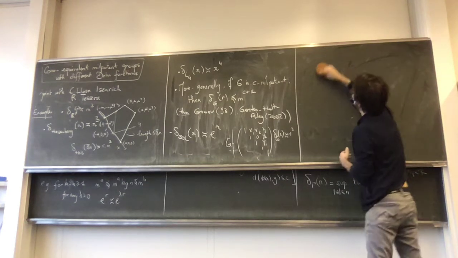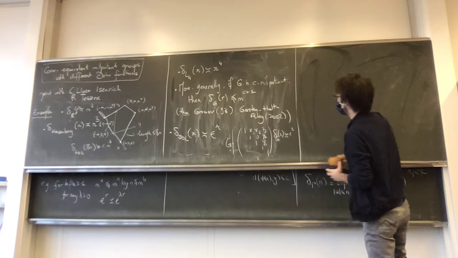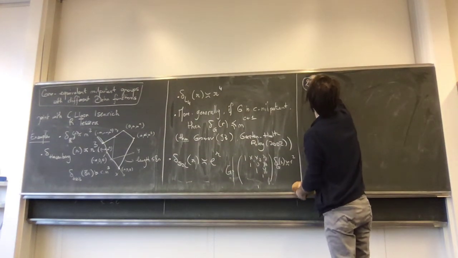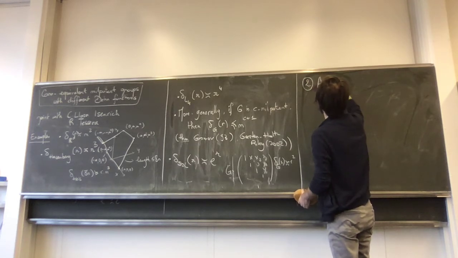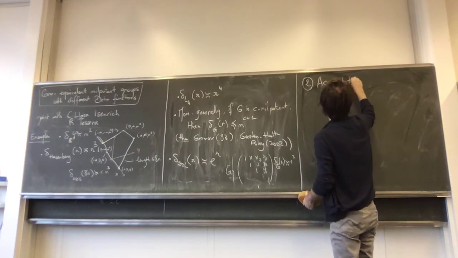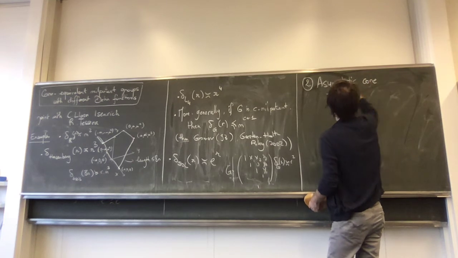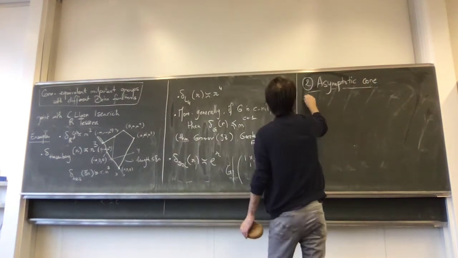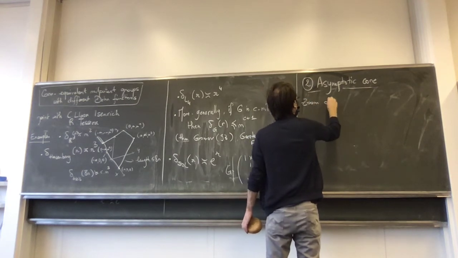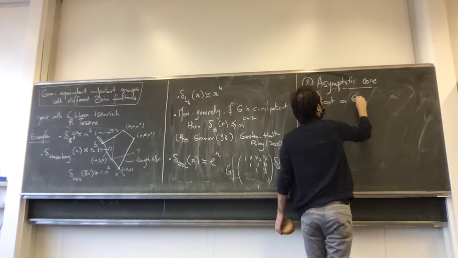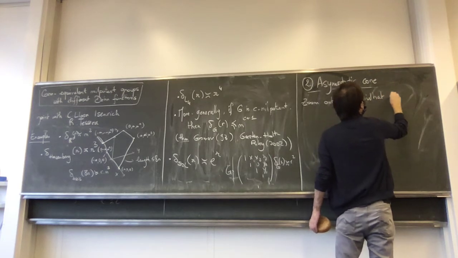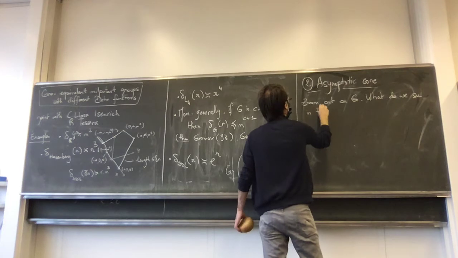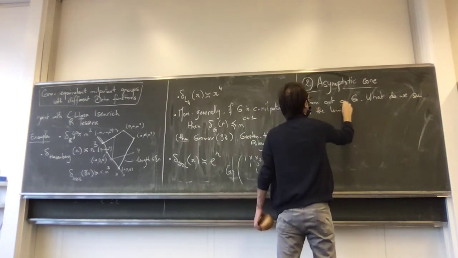So this is about the Dehn function, and now I will talk about the asymptotic cone. The idea is to zoom out on G. And the question is, what do we see in the limit when we zoom out infinitely?